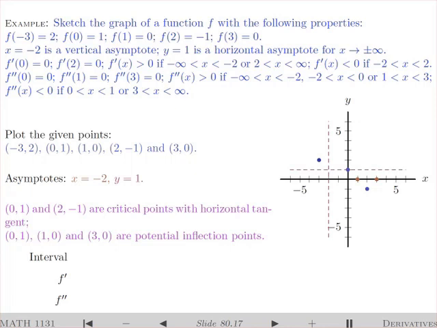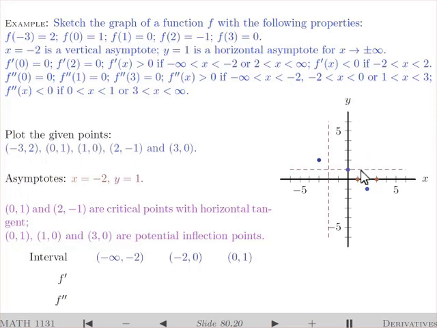So if we list them in order, we go from -infinity, we first come to this vertical asymptote at -2. So that's the interval -infinity to -2. Next important point is the critical point and potential point of inflection at (0, 1). So it's the interval from -2 to 0. And from there we go to x equals 1, where it's another potential point of inflection.